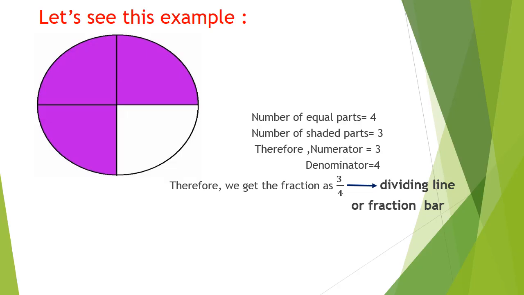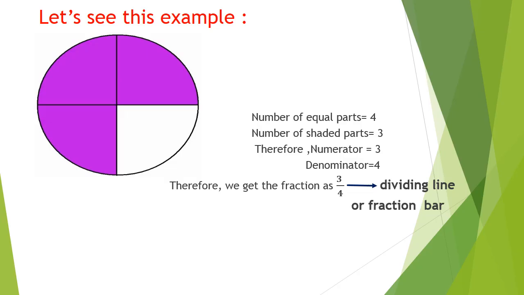First, we have to consider into how many equal parts this particular shape, a circle, is divided. It is divided into 1, 2, 3, 4. Number of equal parts is 4. How many shaded parts are there? 1, 2, 3.